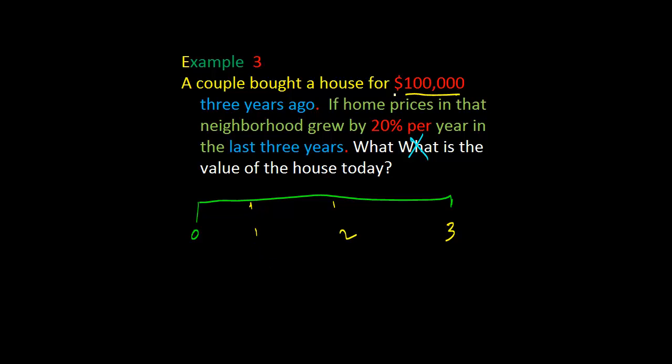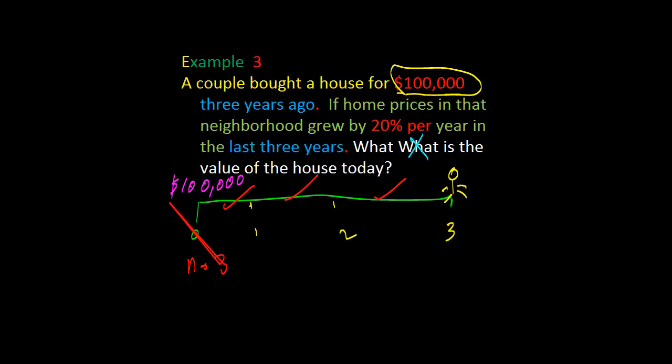Now they bought a house 3 years ago for $100,000. So we know that we are actually here, and they bought the house at T0 for $100,000. So how many periods do we have? N is 3: this is 1, 2, 3.